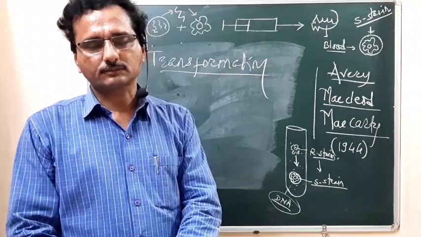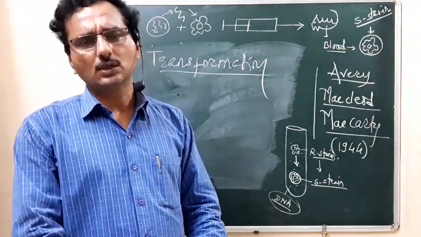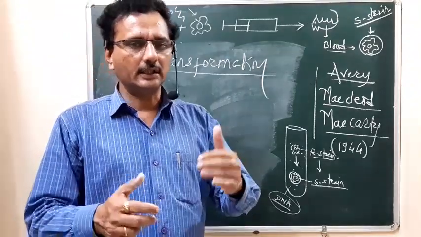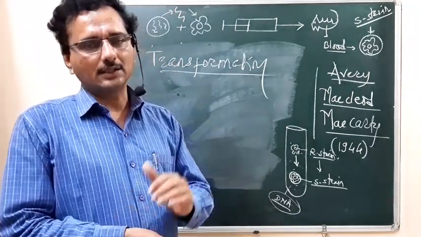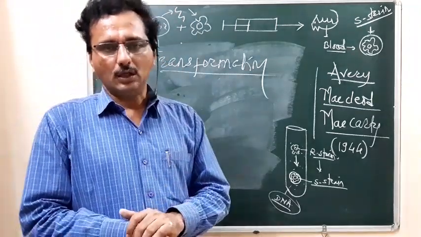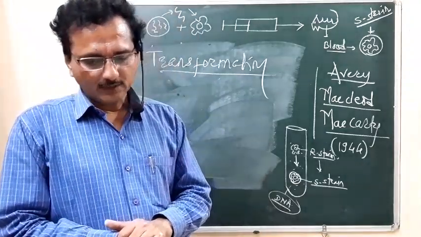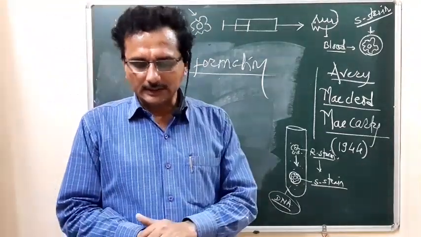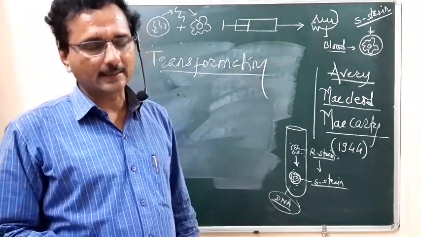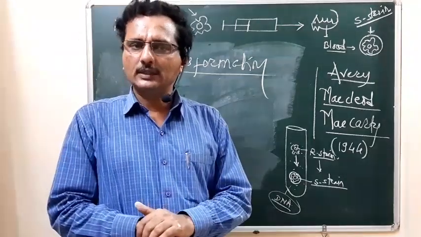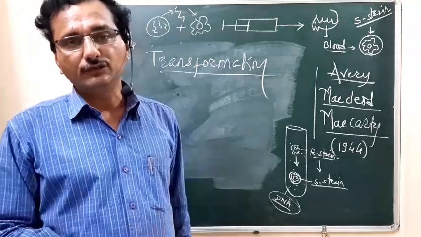With this, the other scientists were not convinced that the DNA acts as a genetic material, with respect to the transformation phenomenon discovered by the scientists Avery, MacLeod and McCarty. Then again the other scientists, Alfred Hershey and Martha Chase, proved again that the DNA acts as a genetic material in 1952.